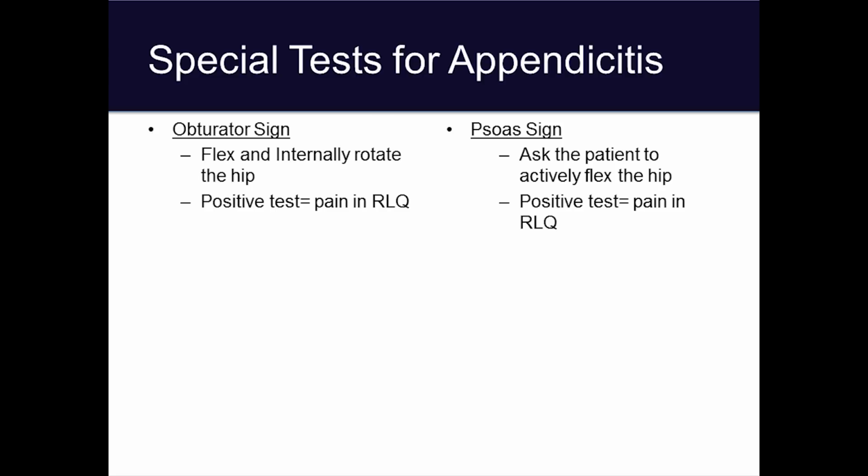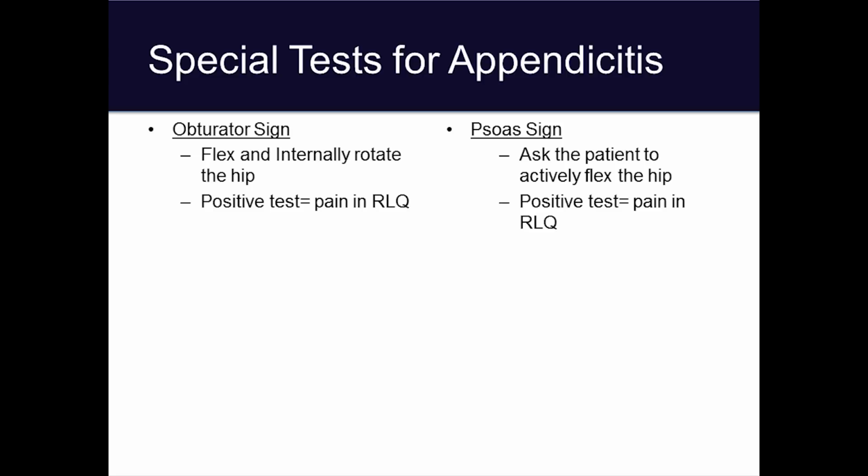A positive test would be pain in the right lower quadrant. The sensitivity of psoas sign is about 16%, and the specificity is 95%. So it has a good positive likelihood ratio of 2.4 and not a very good negative likelihood ratio of 0.9. The obturator has not been studied independently, so I can't give you statistics for that test.